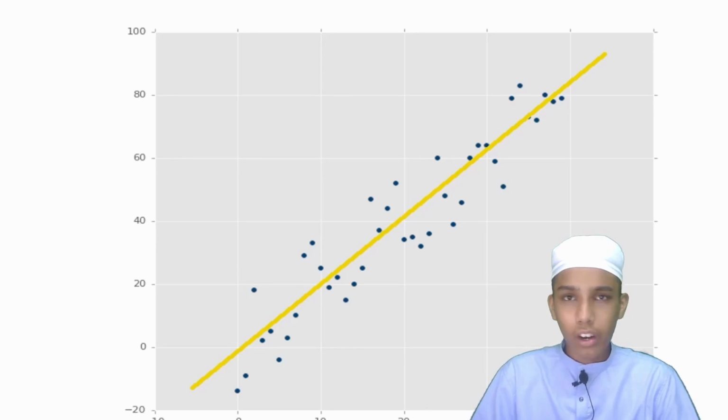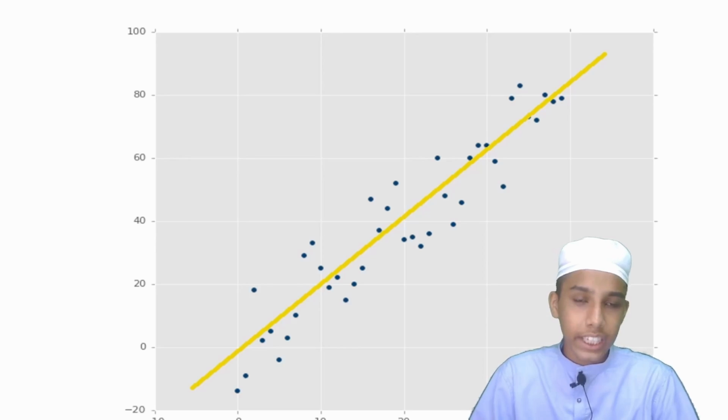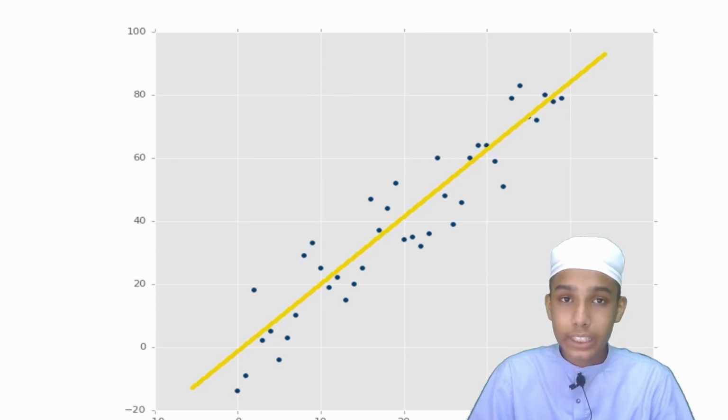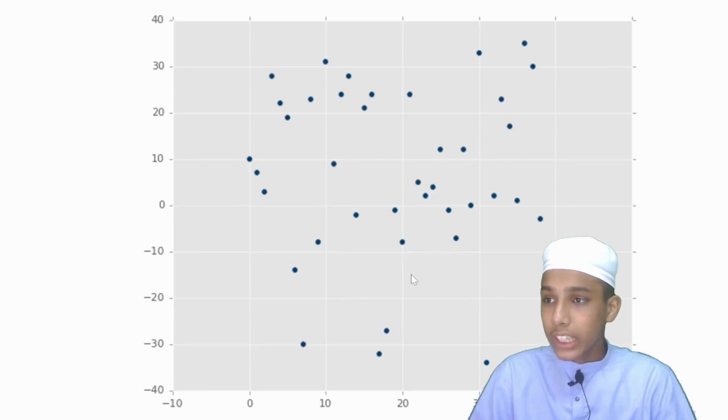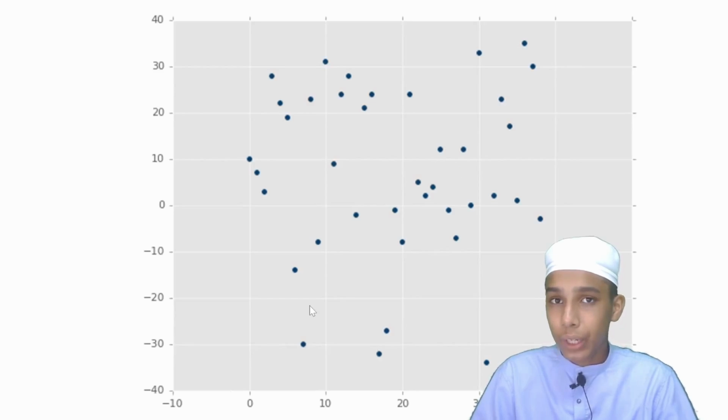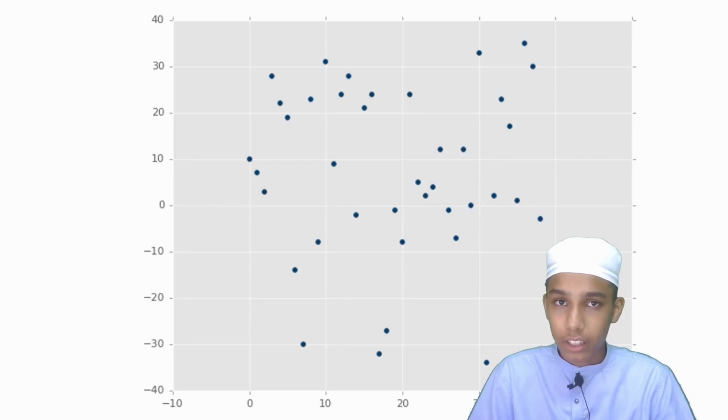Correlation quantifies the strength of the linear relationship between a pair of variables, whereas regression expresses the relationship in the form of an equation. As I said, we will not be able to pass a line like this, so this data set will not work for us.